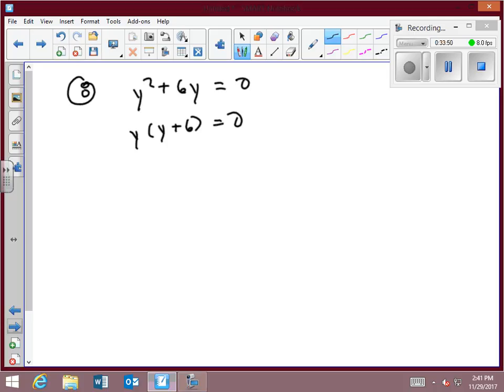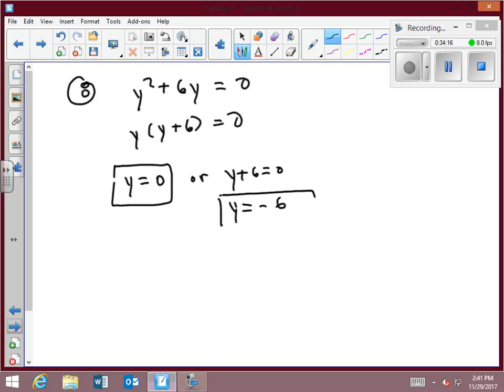And what do I do? y equals 0 and y plus 6 equals 0. So y plus 6 means y has to be what? Now, what are my answers to the problem? Yeah, y equals 0 and y equals minus 6. Both of those are.